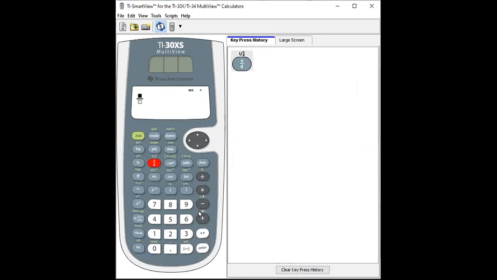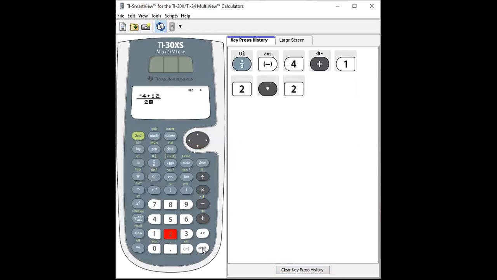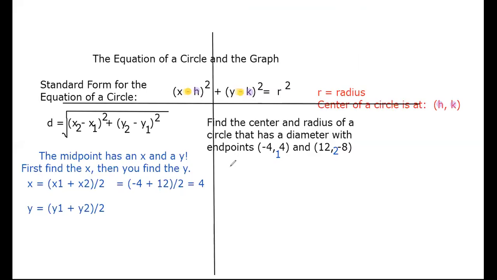On top, you have negative 4 plus 12. You can't use the minus sign. On the bottom, you have 2. There's your answer, 4. There's no need for you to do that math in your head. You're going to mess up a negative or something, and it will cause you to miss the whole problem, and then it's just going to waste time. So put that into your calculator.